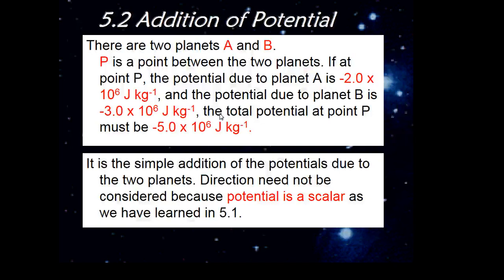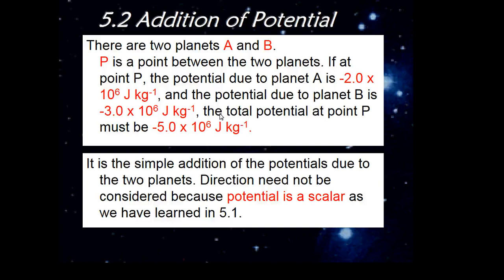Addition of potential. This is also one part that a few years ago when I lectured, people were like, what? So I'm going to spend more time on this. There are two planets A and B. Let P be a point between the two planets, on a line between the two planets.